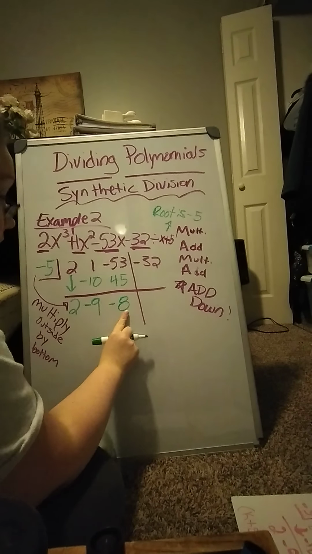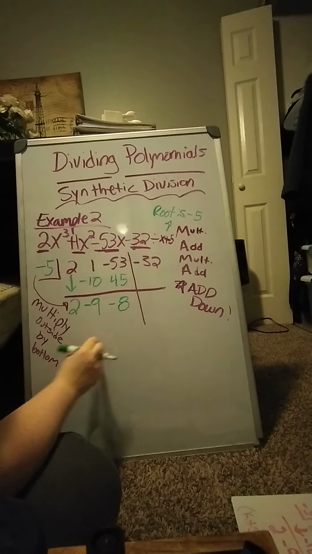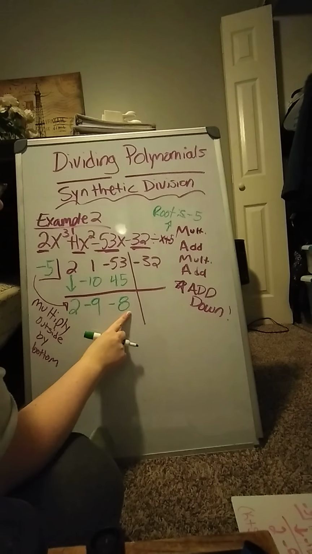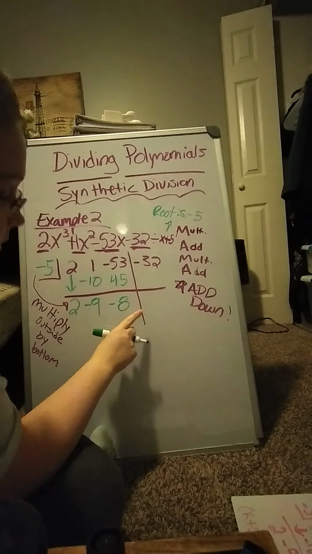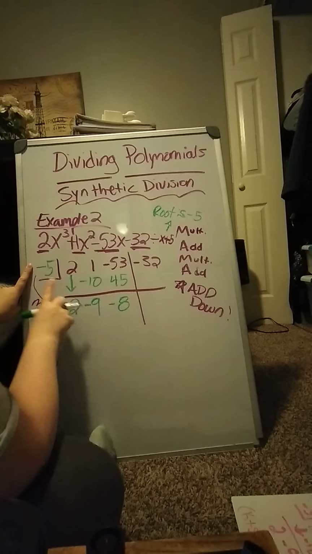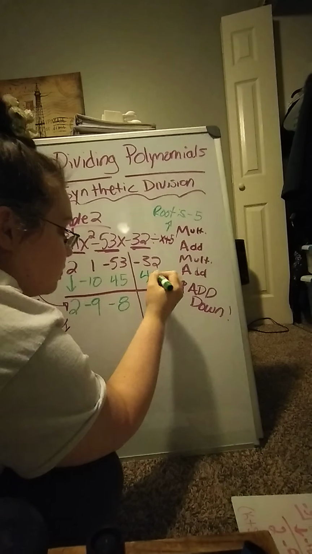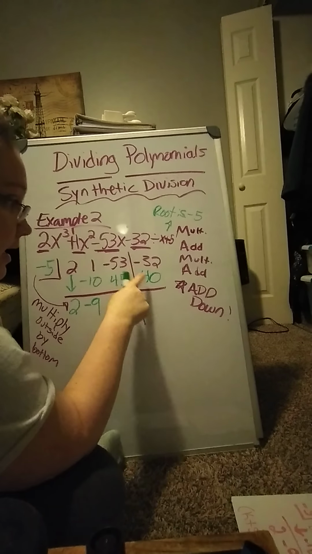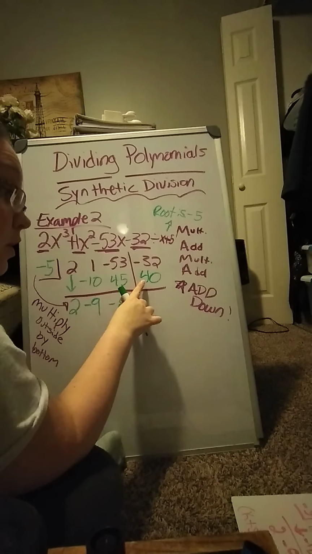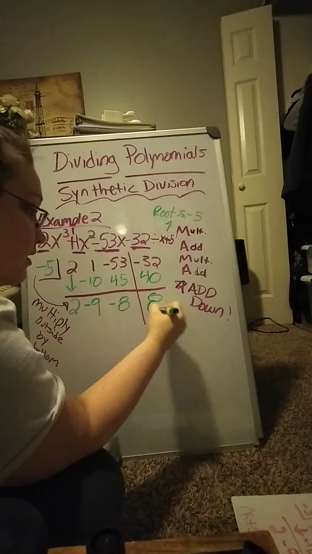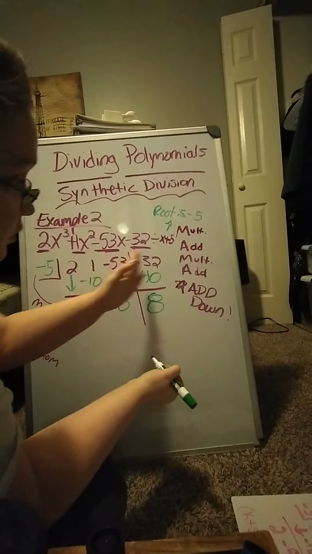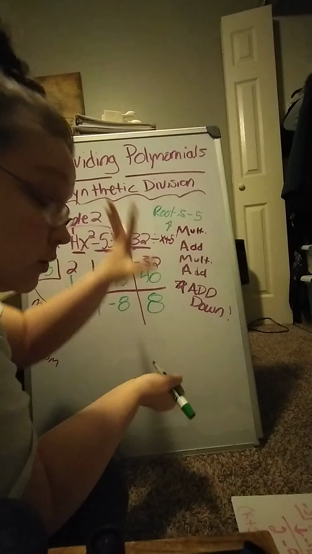Now, I have to keep going because I still have a number. I have to multiply now because I just added. -5 times -8 gives me positive 40. And then I add down. -32 plus 40 gives me 8. There's no more numbers up here at the top, so I'm done.